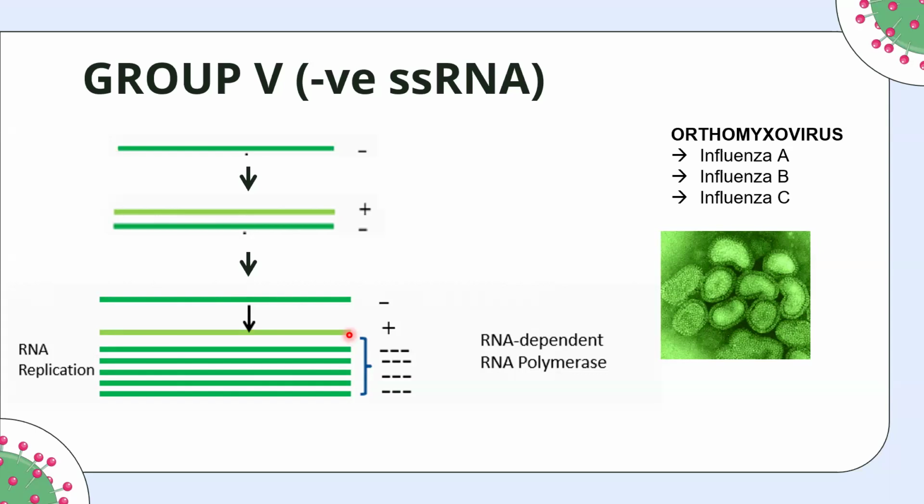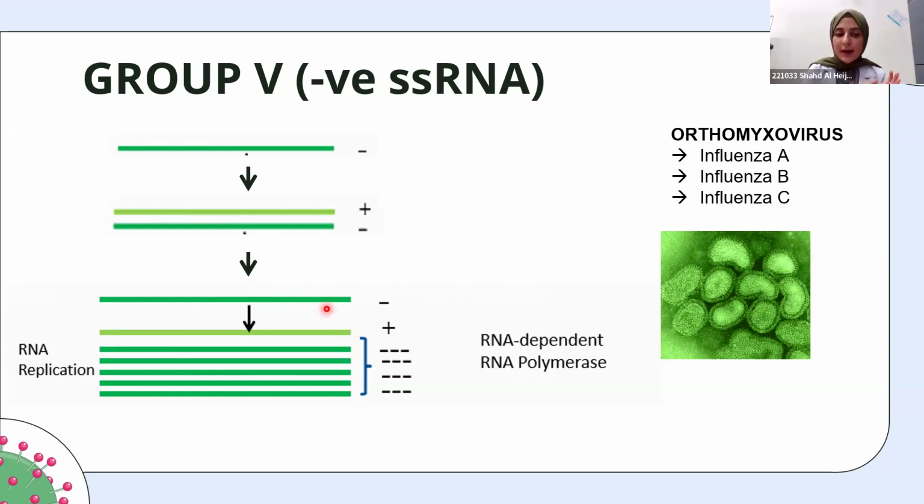I'm sorry if I misspoke, but the point is, if the original virus has a positive strand, all the other viruses will have positive strands. So you need an RNA-dependent RNA polymerase to make those positive strands to incorporate into the new viruses. Okay? Yes, but we need to make a negative strand so that we can copy the positive strands.